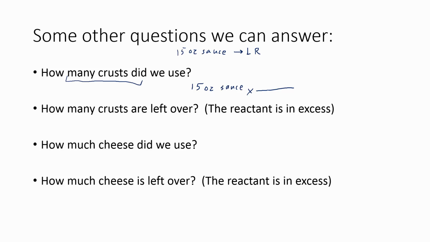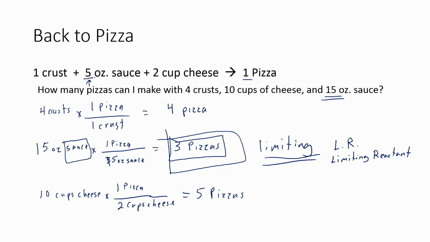So start with that amount. So 15 ounces of sauce. What is my crust to sauce ratio? 1 crust to 5 ounces of sauce. Okay, so 1 crust, 5 ounces of sauce.